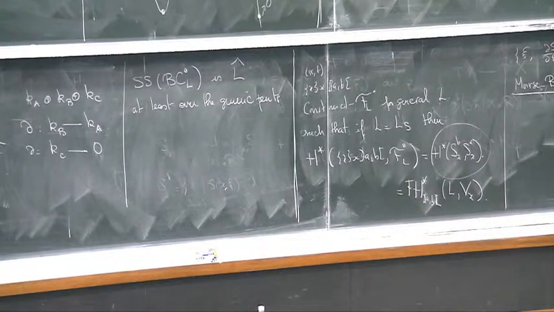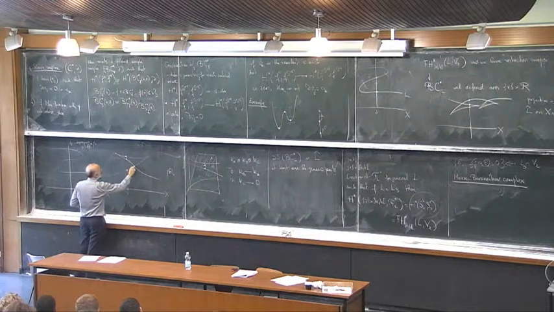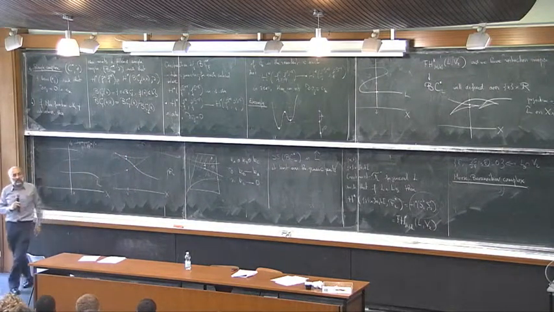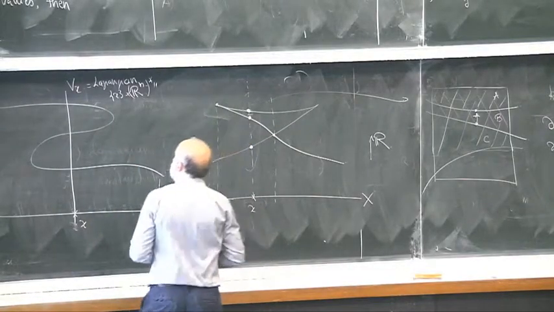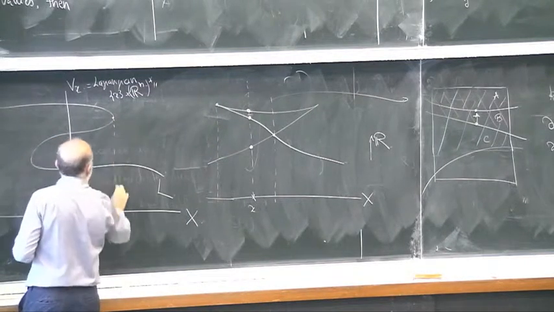Where things become a little bit trickier is when you get here, or when you get here. The reason is that when you get here, one of them corresponds to getting here.